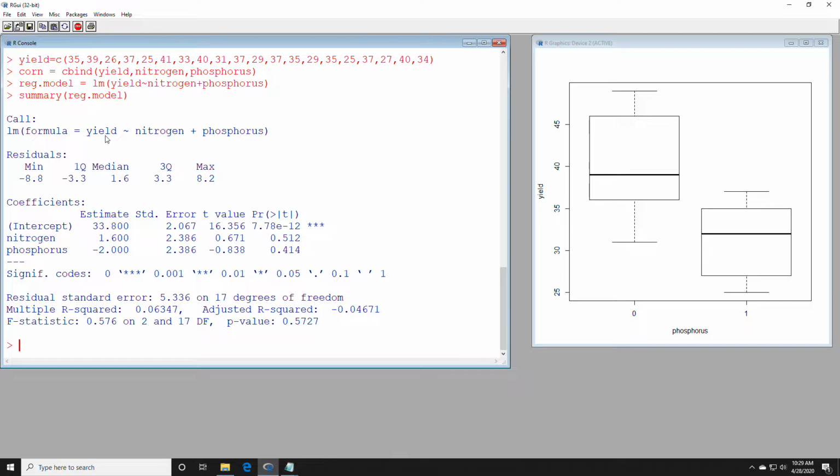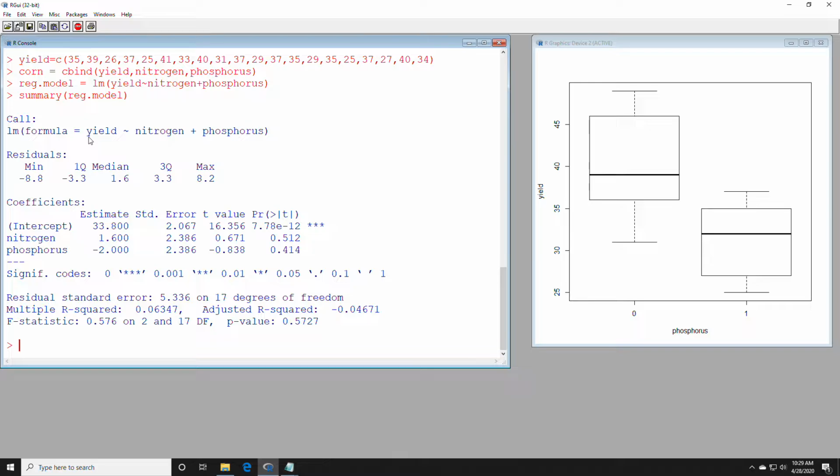Okay. Well, here's something interesting. It looks like neither nitrogen nor phosphorus is useful in predicting crop yield, and it looks like together nitrogen and phosphorus account for 6% of the variability in crop yield. Okay, so based on these numbers, it looks like nitrogen and phosphorus are not helpful in predicting crop yield.